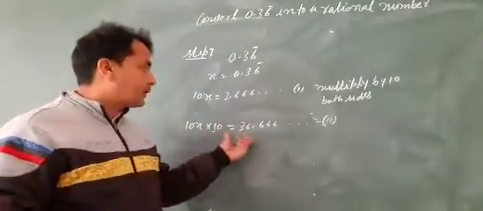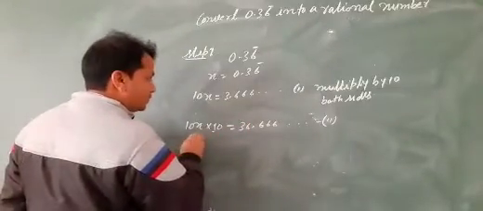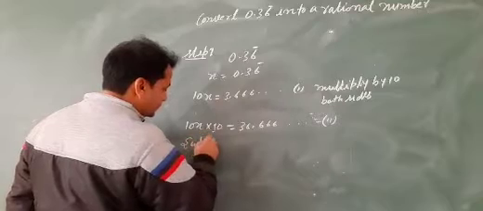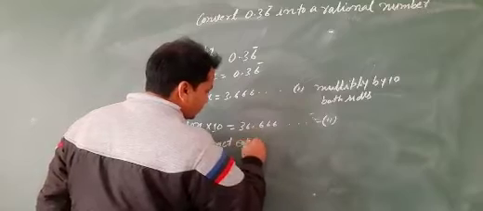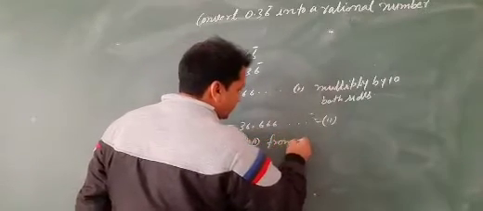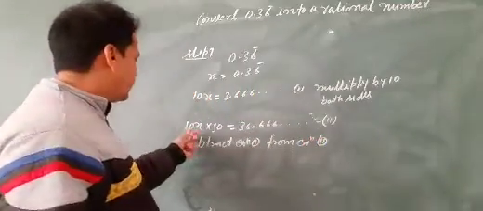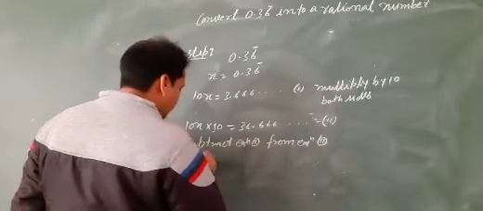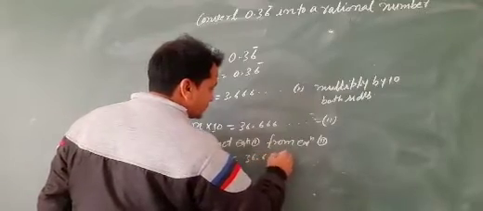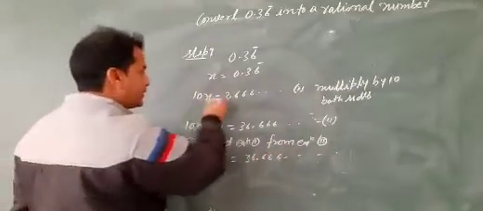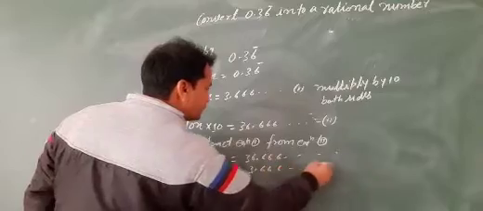Now subtract equation 1 from equation 2. So 100x equals 36.66 and so on, and the first equation is 10x equals 3.66 and so on.